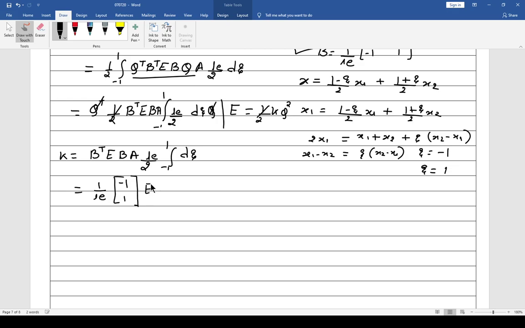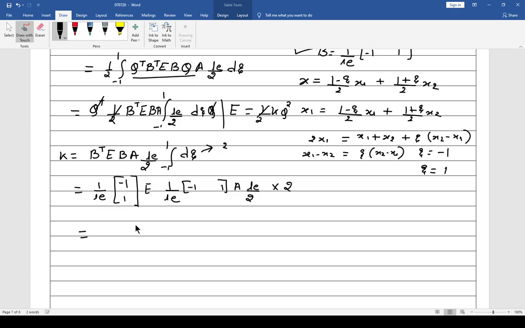Modulus of elasticity E remains as it is, B is 1 by LE times minus 1 1. A remains as it is, LE by 2 remains as it is, and integration of d xi from minus 1 to 1 gives me 2. If you integrate this, that gives me a value of 2.